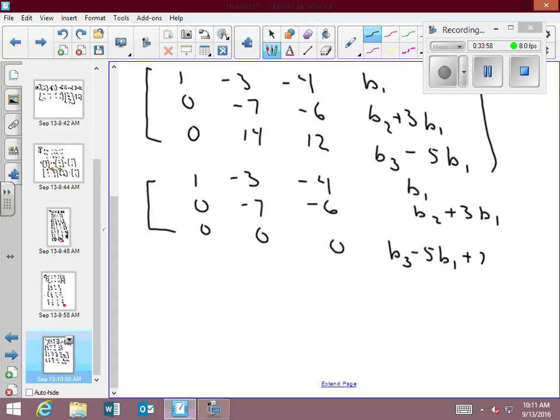plus 2, so what has to be true? In order for the solution to exist, that has to equal 0, correct? So, 3 minus 5, 1, 2b2 plus 6b1.